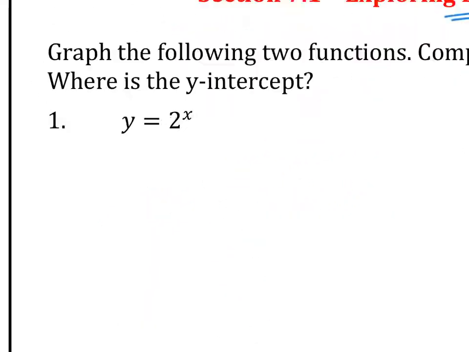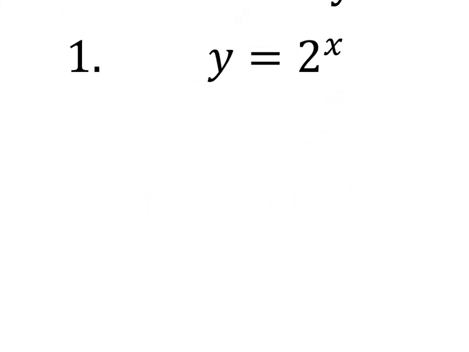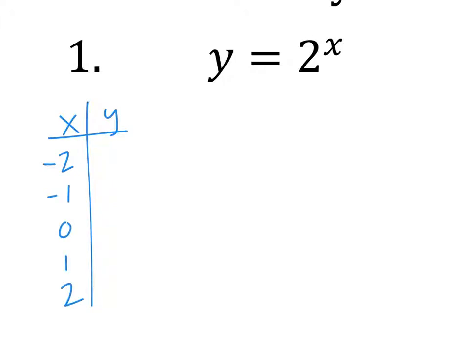Whenever we don't know how a graph looks, we always take out our xy chart, put in some x values, plug them in, and see how it looks. We're going to use -2, -1, 0, 1, 2, and plug those x values into the function.